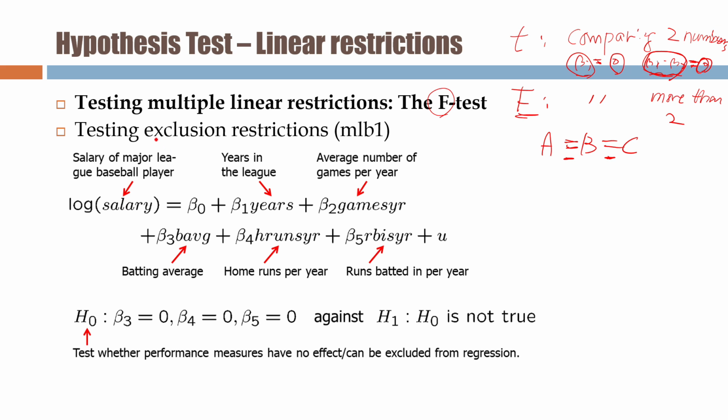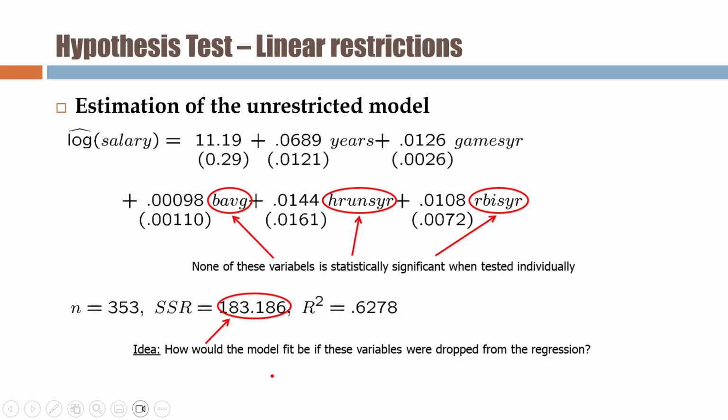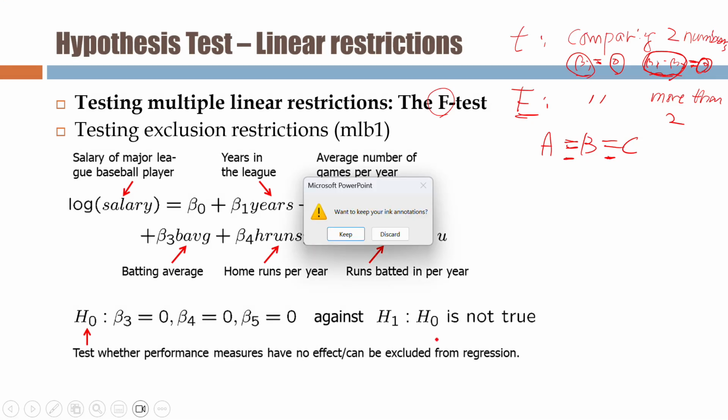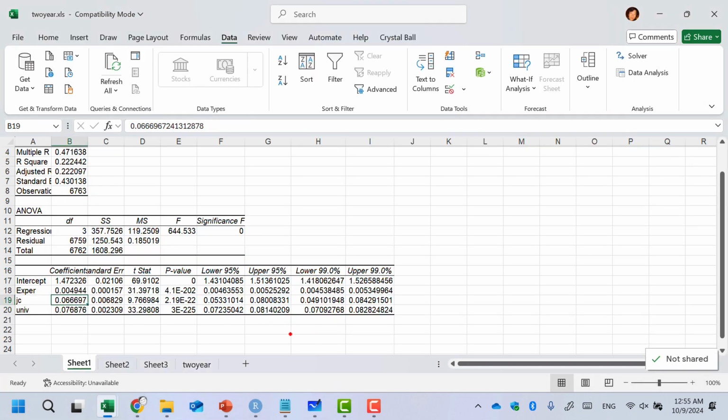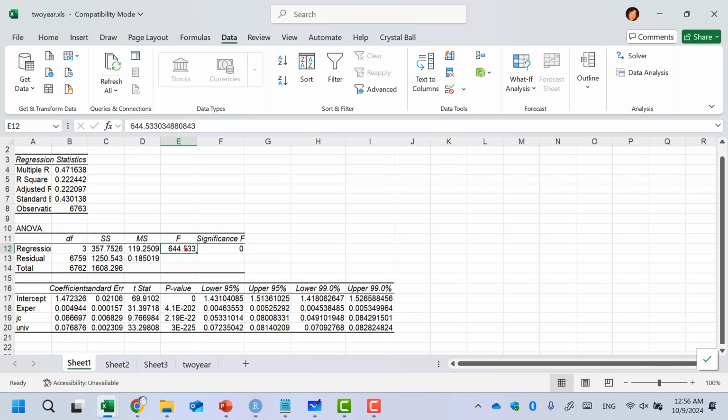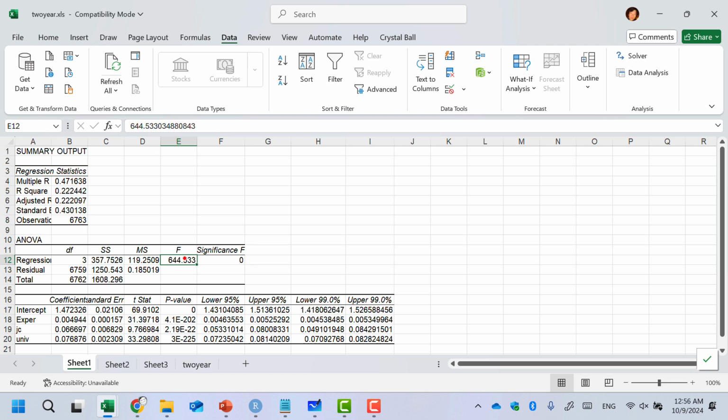So here, if you take a look at the default F-test, if you go to Excel or R, you get an F-test here, right? Significance F is 0 and this is F, and you can say this is significant because our F is greater than the significance F. So this F-test is a null hypothesis test.